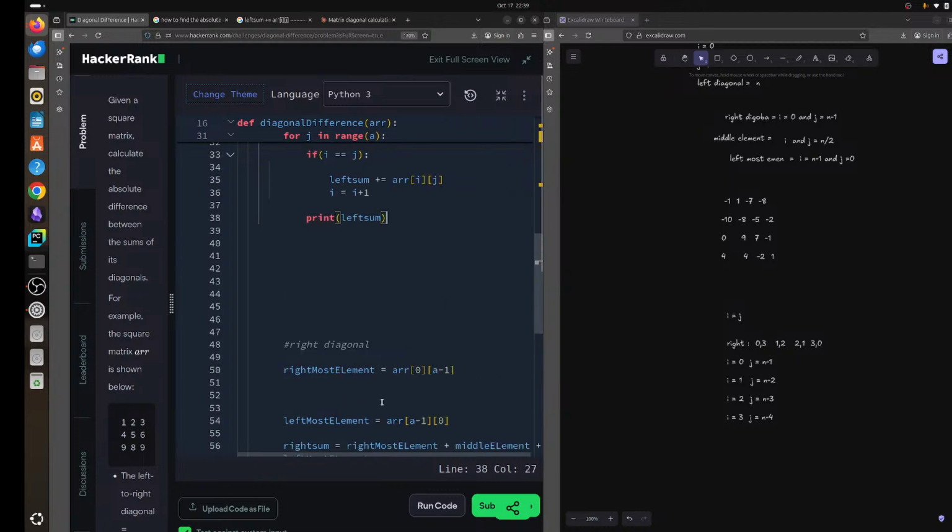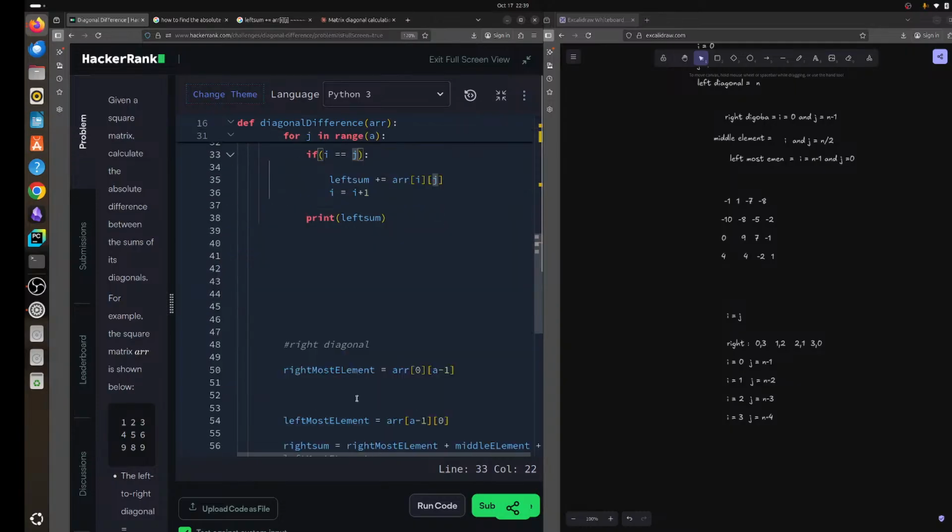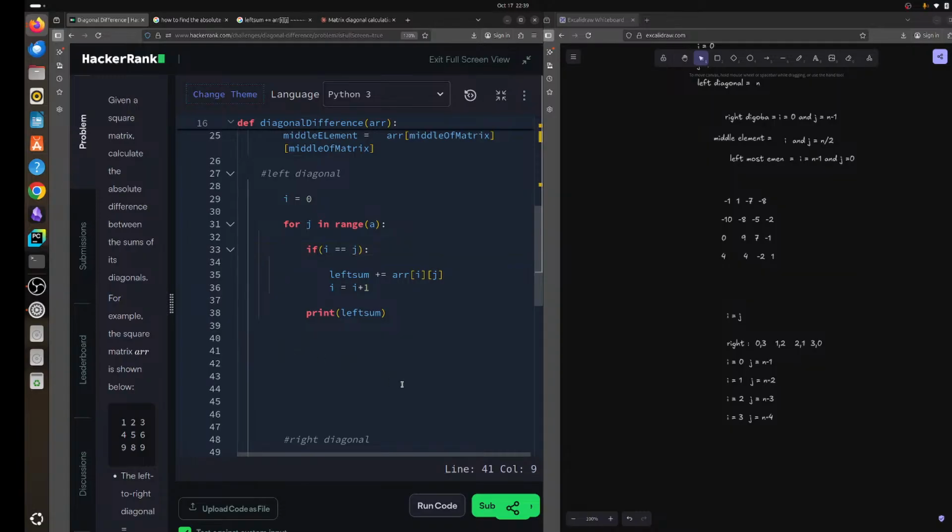J will start from n minus 1. Okay. J will be constant here. Okay, let's see here. For i, j, k equals to 0.